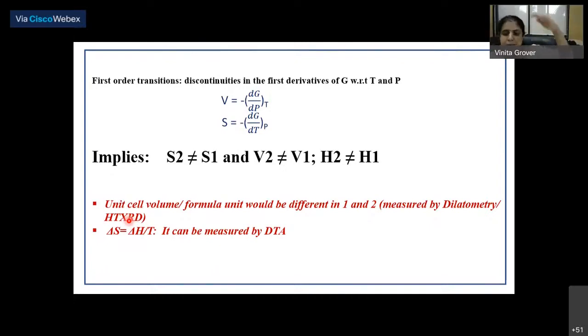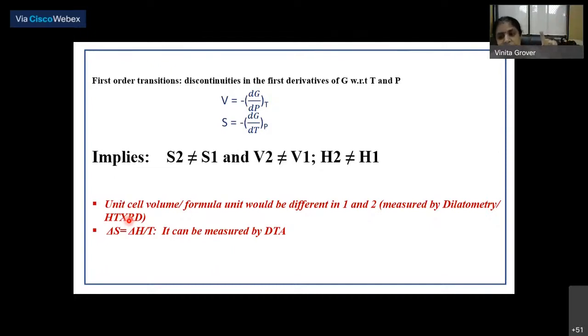You give it the start temperature and the final temperature, so it records at a fixed interval from start to end. Normally most materials expand on heating, right? So if there is a phase transition happening, you would be able to measure the volume changes anyway because the volume is expanding.